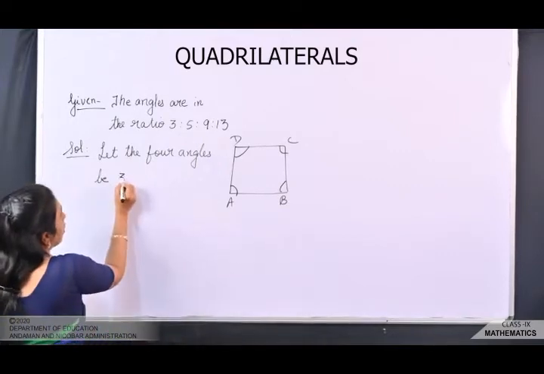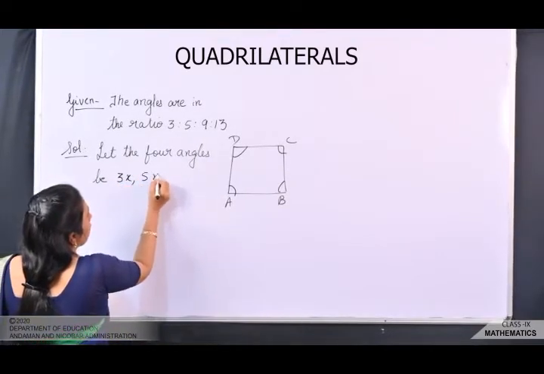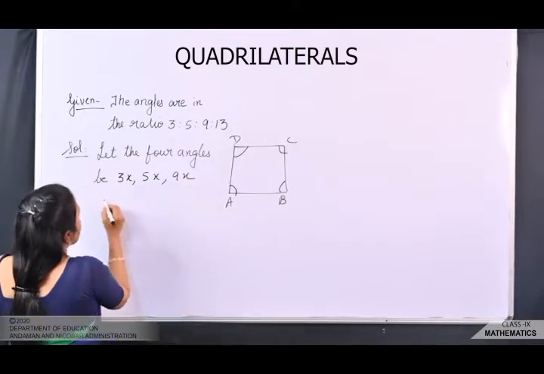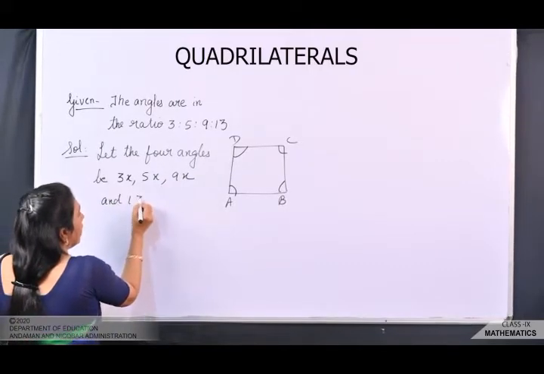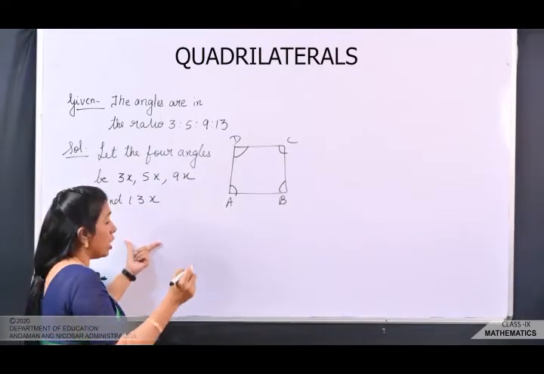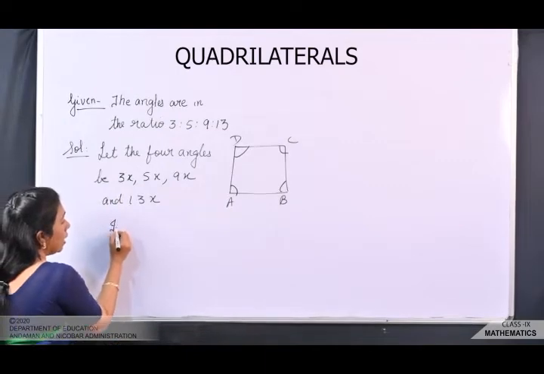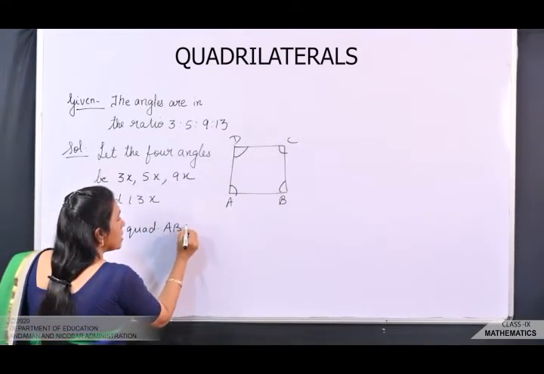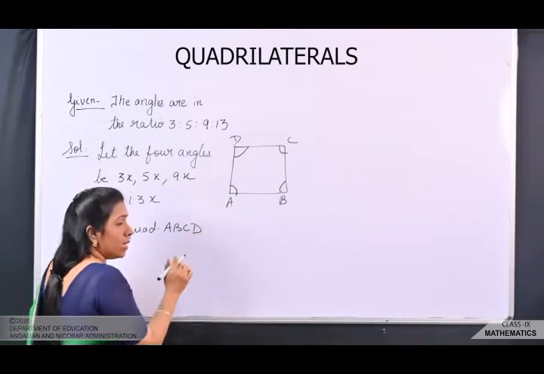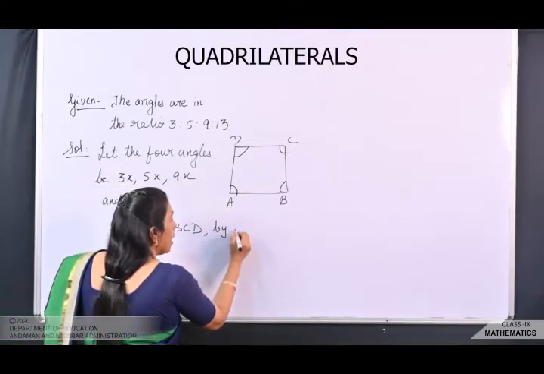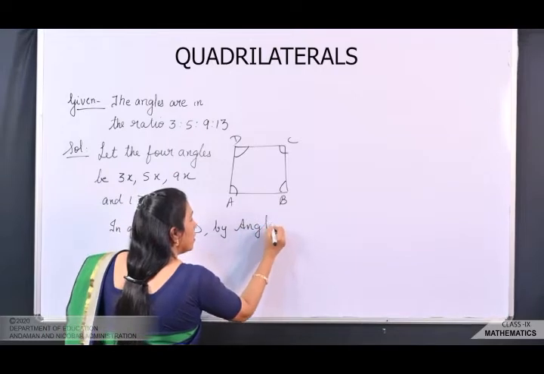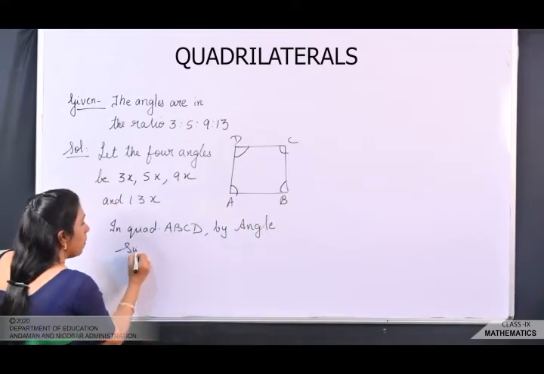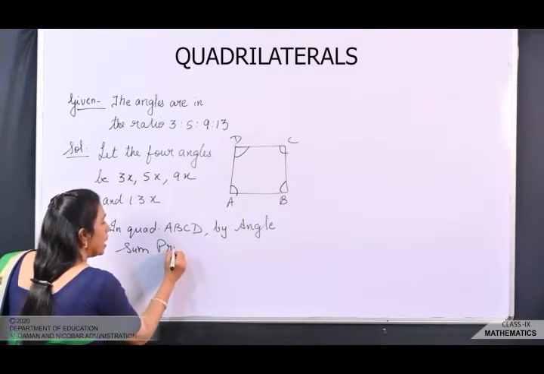So it's 3x, 5x, 9x and 13x. Okay? So in quadrilateral ABCD, by angle sum property.